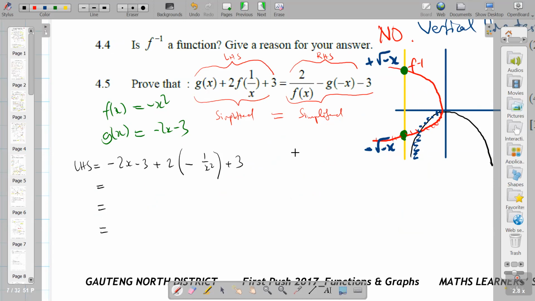I don't know how many steps it will take. The right-hand side on the other case will be 2 over negative x squared, and there is negative, in brackets, negative 2 times negative x, negative 3, and there's another negative 3. With these negative 3s and stuff, it doesn't look very nice.